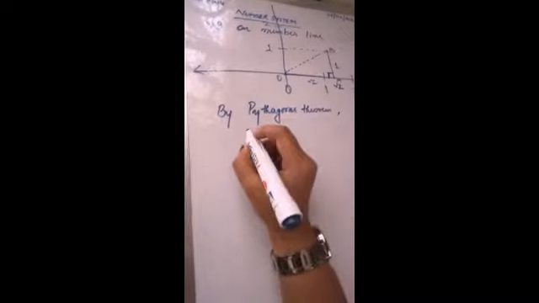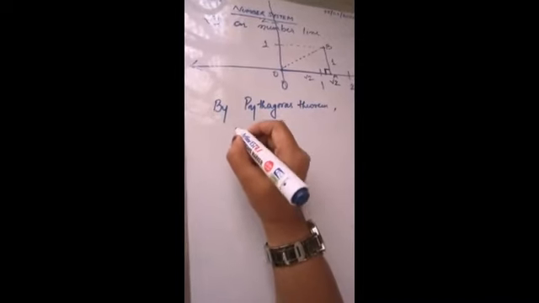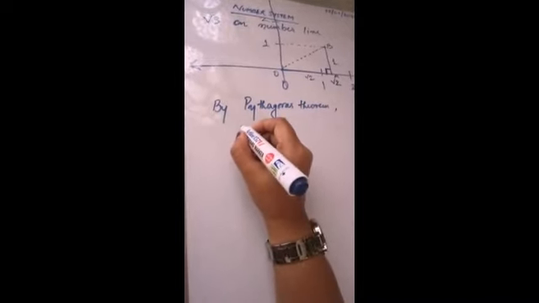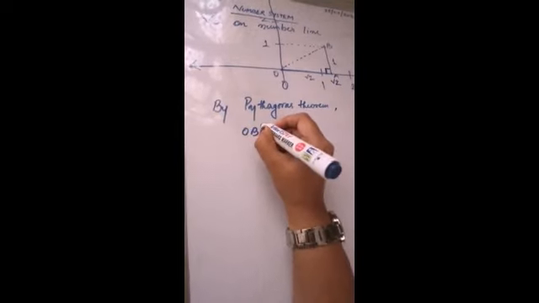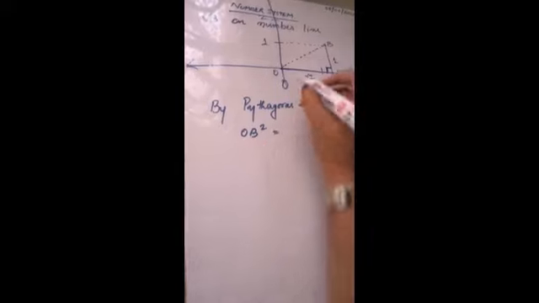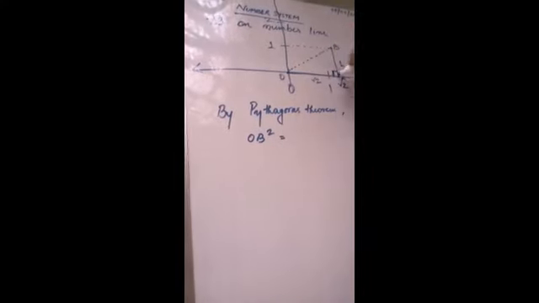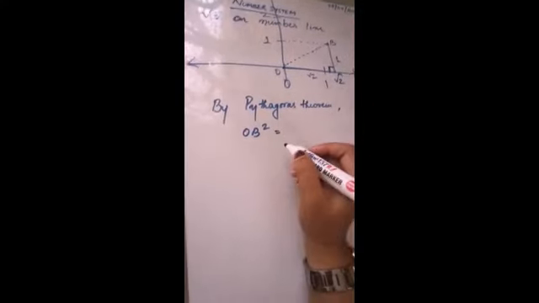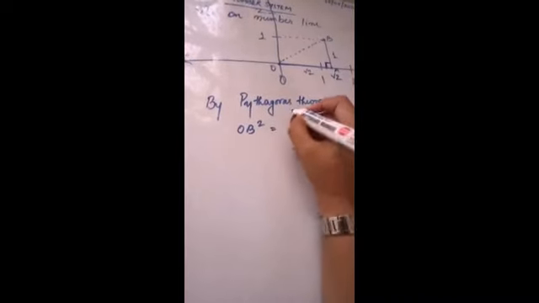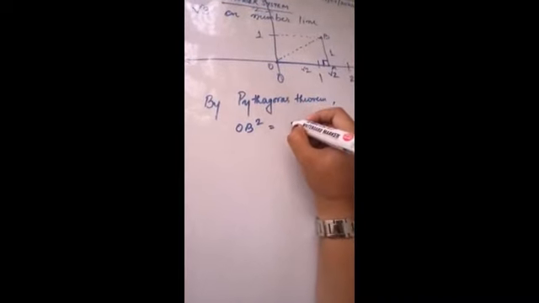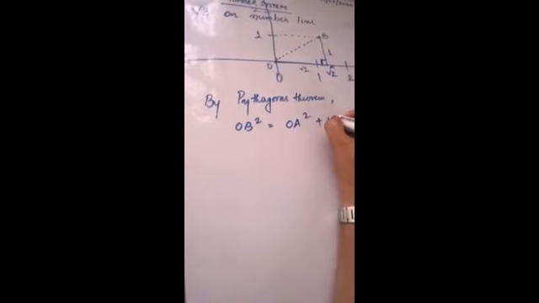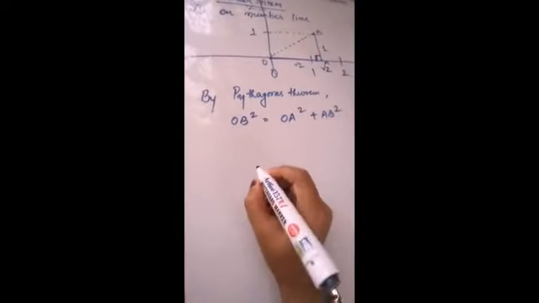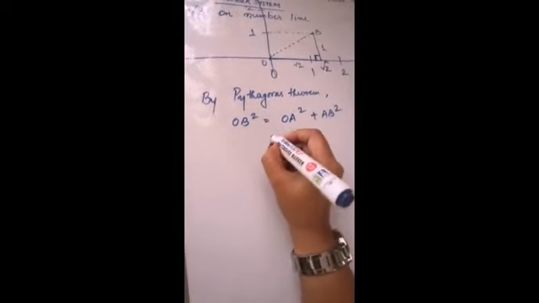By Pythagoras theorem we can say, if we need to find OB squared, that means the hypotenuse of the right angle triangle OAB, it is OA squared plus AB squared. So what is OB then?